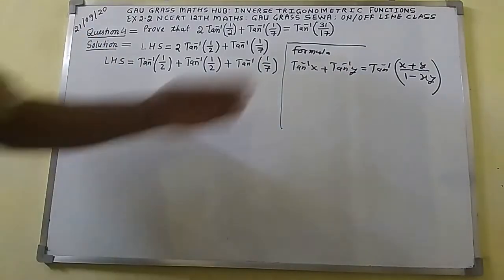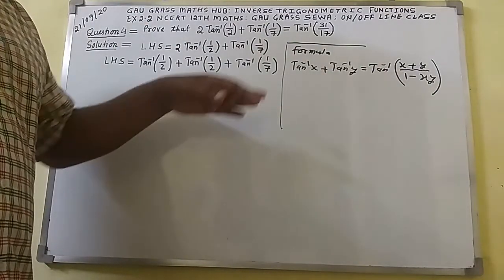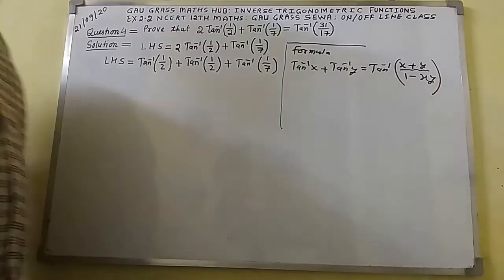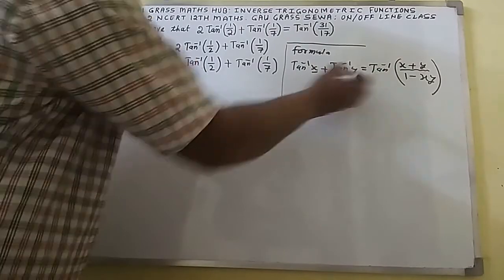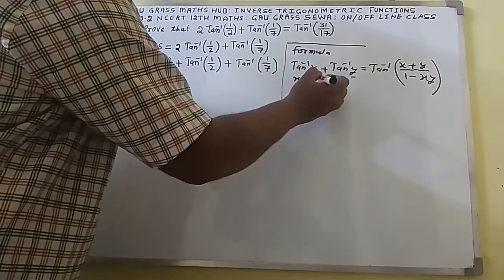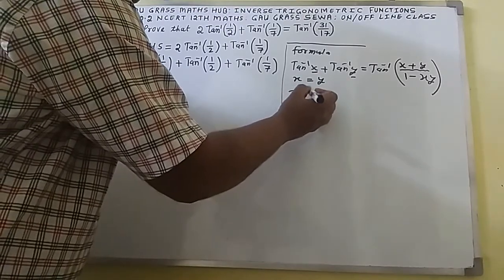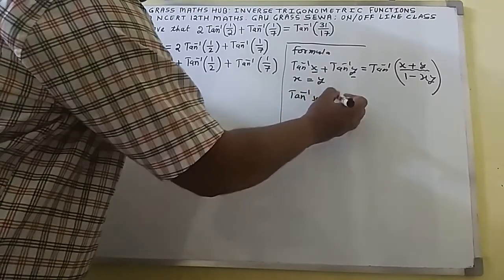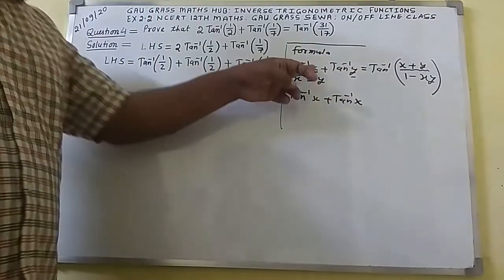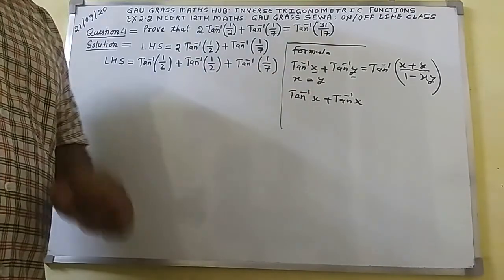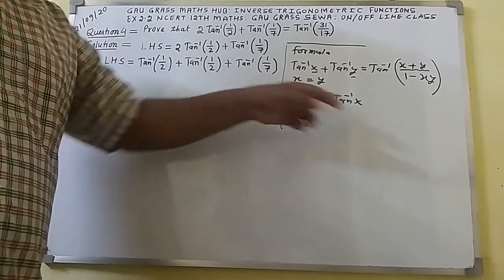If we take x equal to y, it becomes tan inverse x plus tan inverse x, because in place of y I can write x.